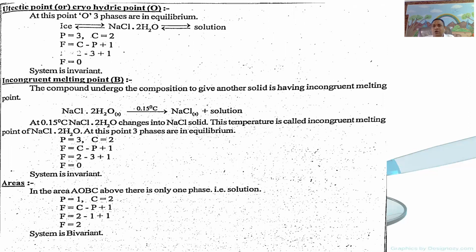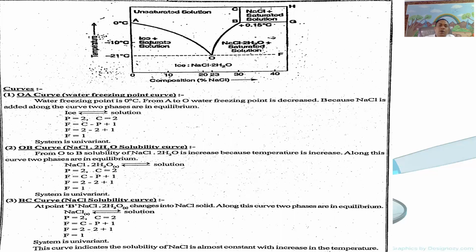Here, on both the AO and BO curves, two phases exist in equilibrium. The number of degrees of freedom required to explain any point on the curve, based on the reduced phase rule, is P plus F equal to C plus 1, so F equal to C minus P plus 1.